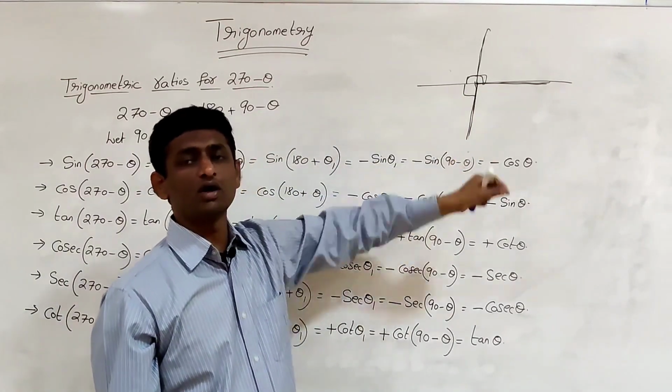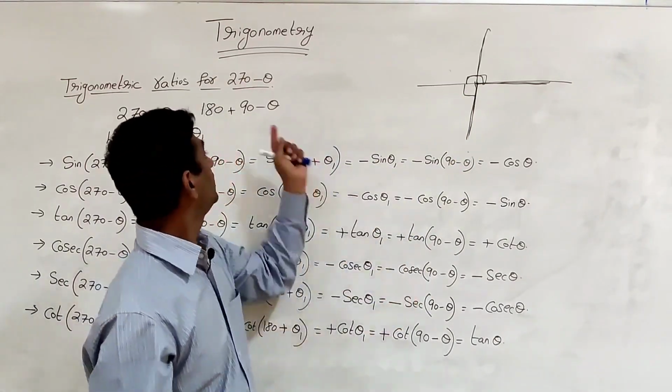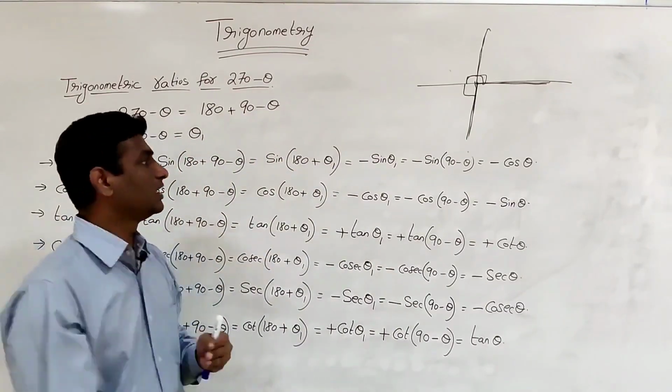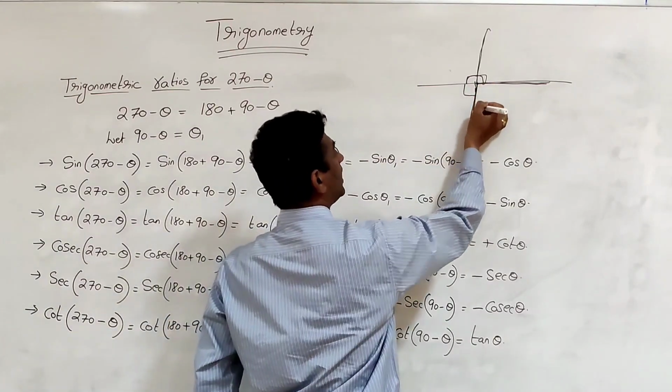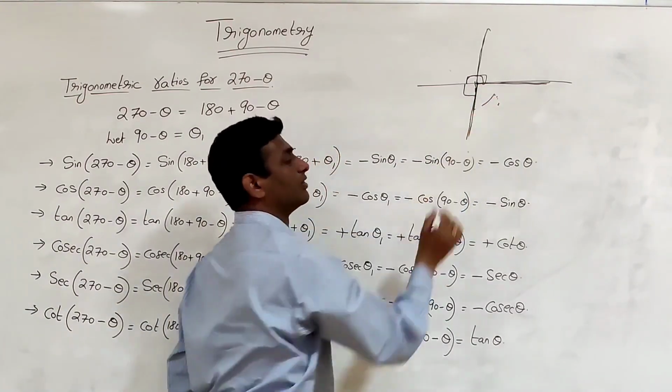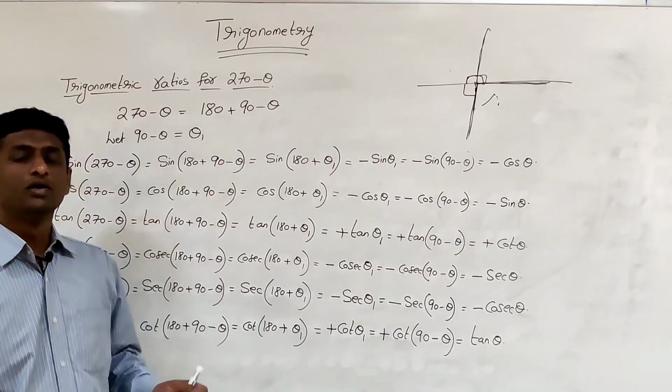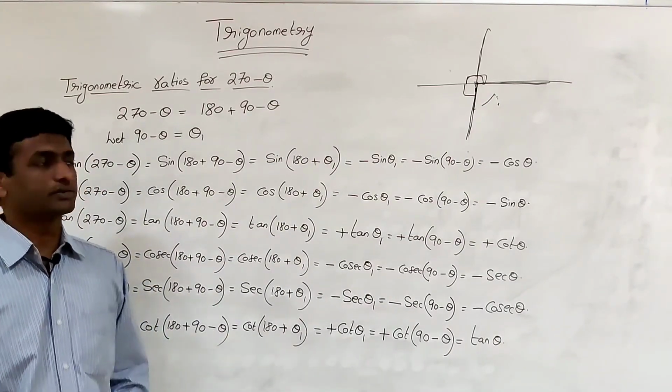Next, we'll go for trigonometric ratios for 270 plus theta. So we are adding some angle to 270, which means it lies in the fourth quadrant, and we'll see what happens in the trigonometric ratios in the fourth quadrant.